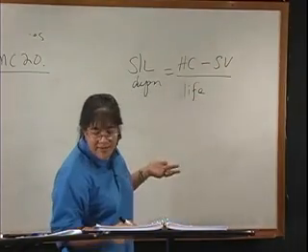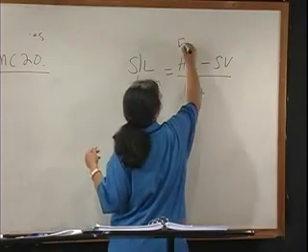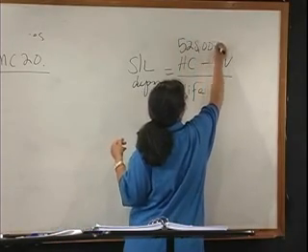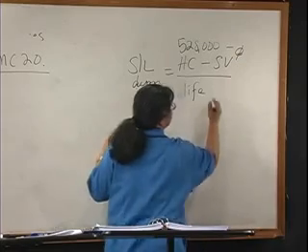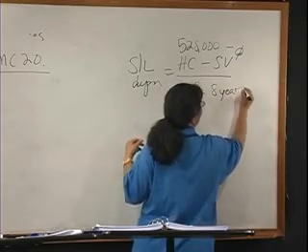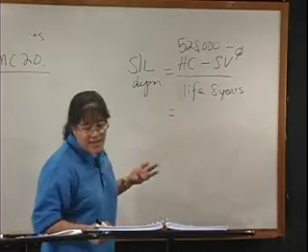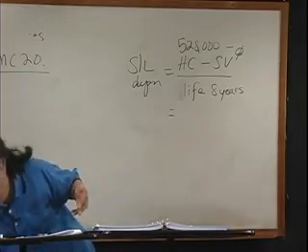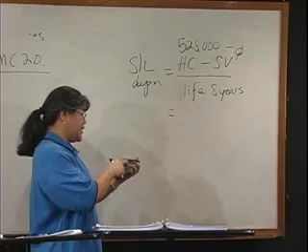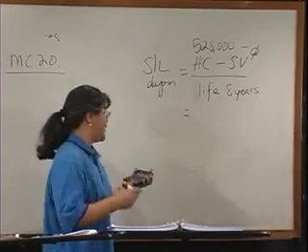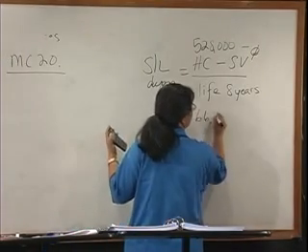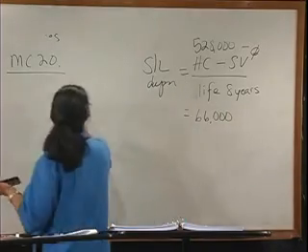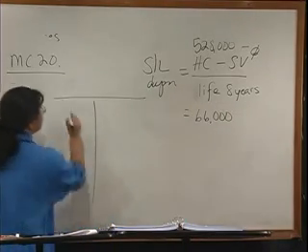The historical cost is $528,000, the salvage value is 0, and the useful life is 8 years. So depreciation expense is 528 divided by 8, $66,000 per year. So here then is going to be my accumulated depreciation account.